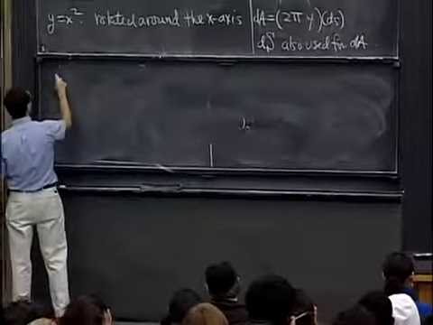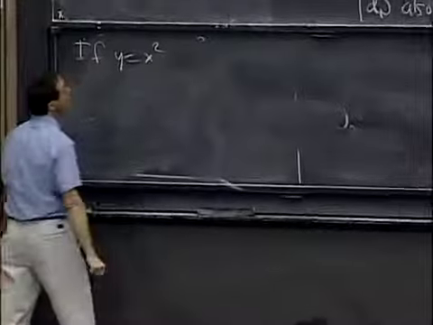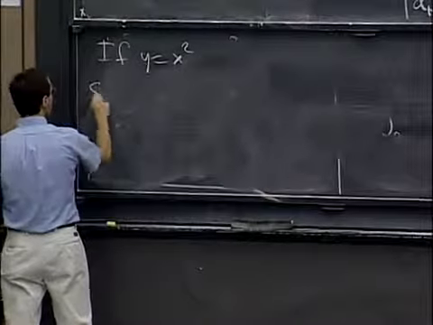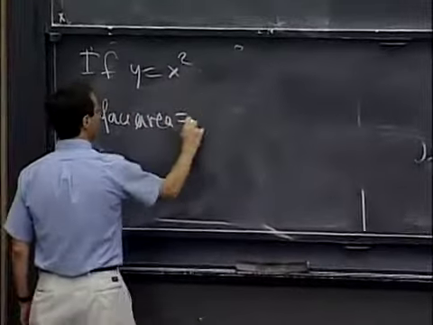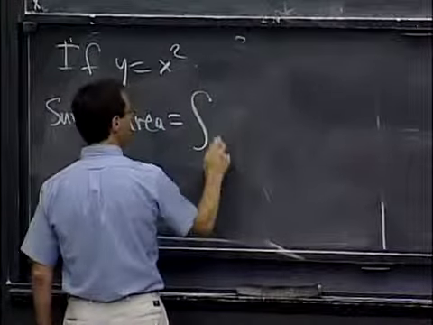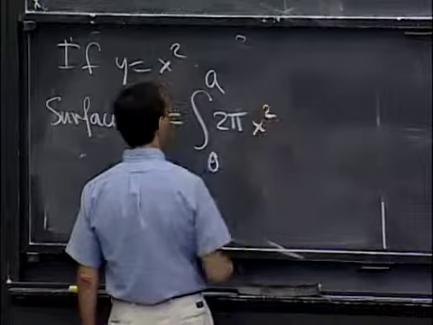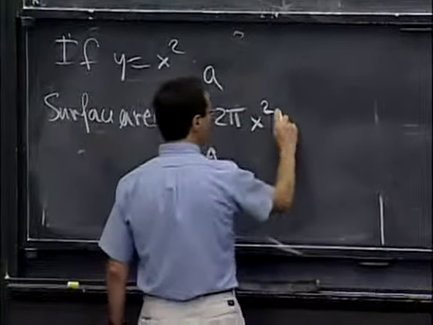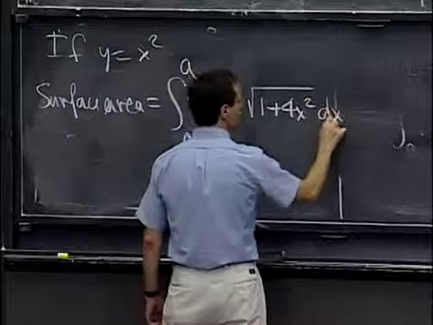All right, so let's figure out this example. So in the example y is equal to x squared, then the situation is we have the surface area is equal to the integral from, I don't know, 0 to a, if those are the limits that we wanted to choose, of 2 pi x squared, right, because y is x squared, times the square root of 1 plus 4x squared dx.